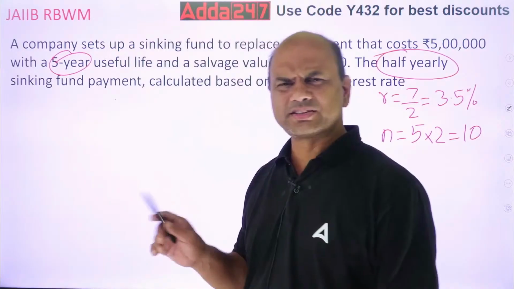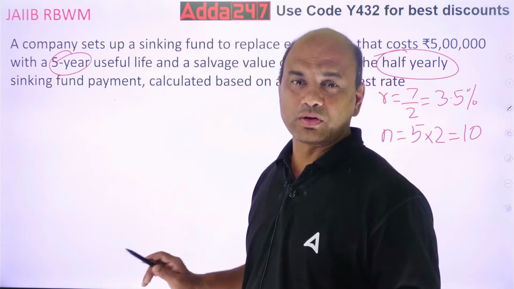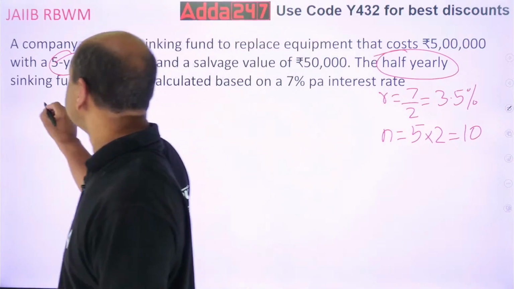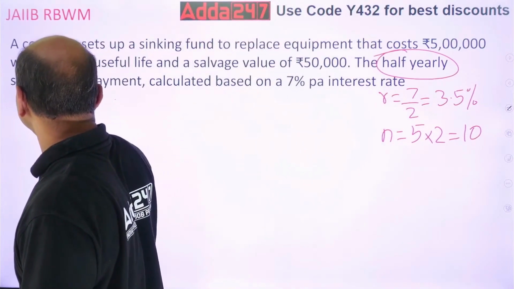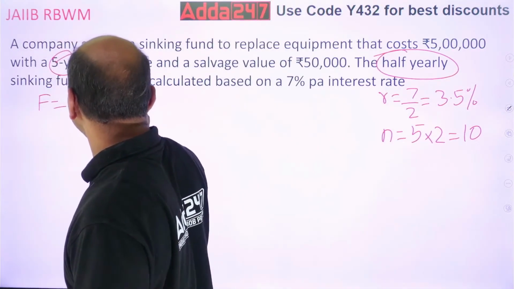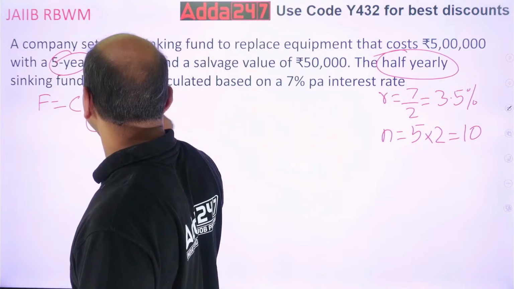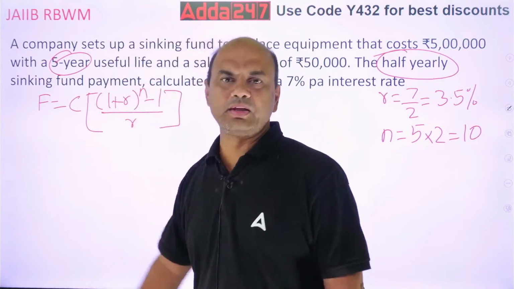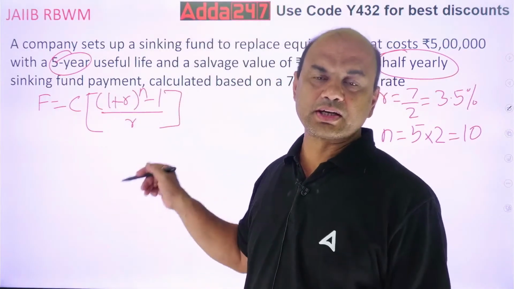So now the formula is the same. It is not changing at all. F equals C into (1 plus R) raised to N minus 1, upon R. Now put the figures and get the answer.